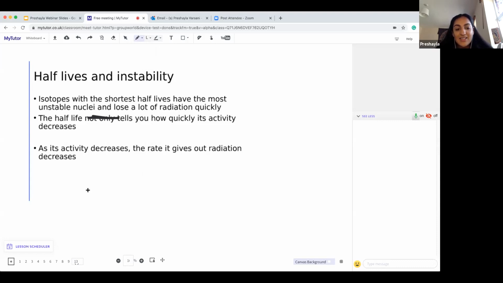So as activity goes down, how quickly it gives out radiation also goes down. So that means that isotopes with really short half-lives are really radioactive in those first seconds, which can be bad if we don't use the correct safety advice.